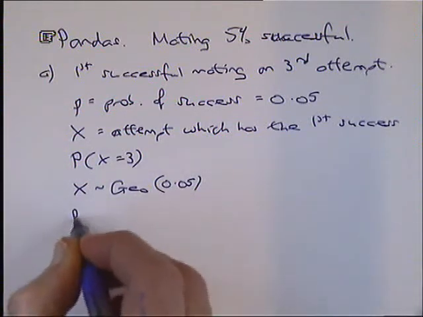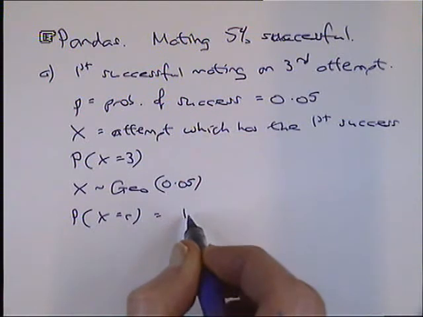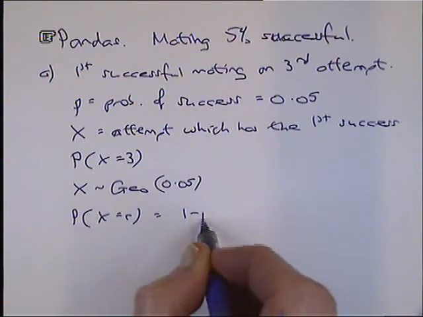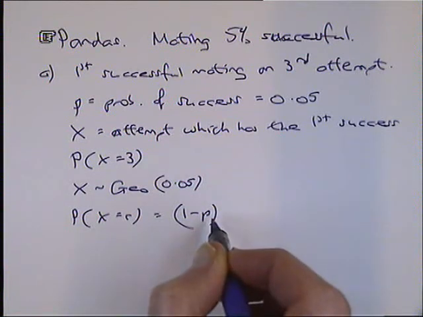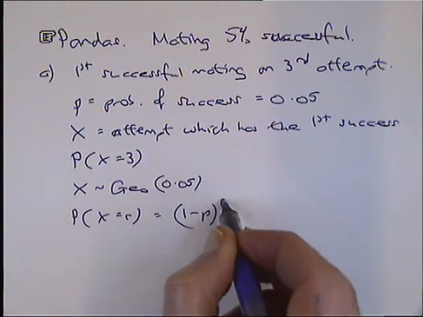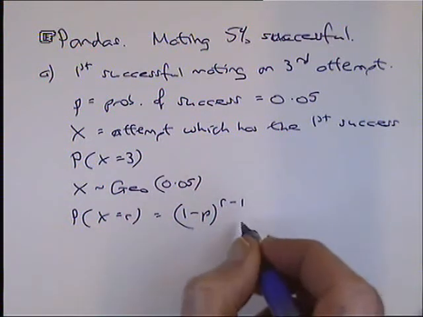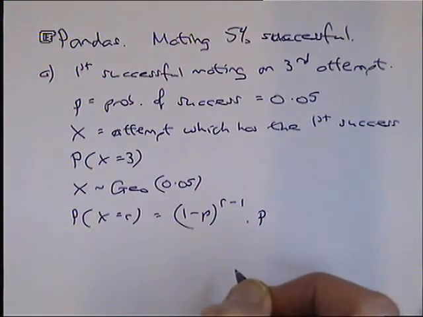We said the formula for the geometric distribution is failures, and the probability of failure is 1 minus p. Failures every single time apart from the final time. So it's 1 minus p to the power of r minus 1, and then times by p. That dot there is indicating you multiply those together.